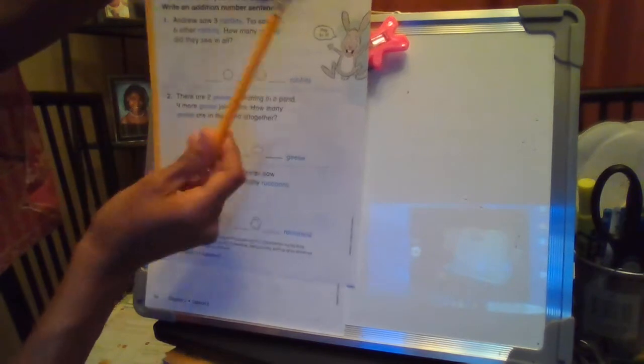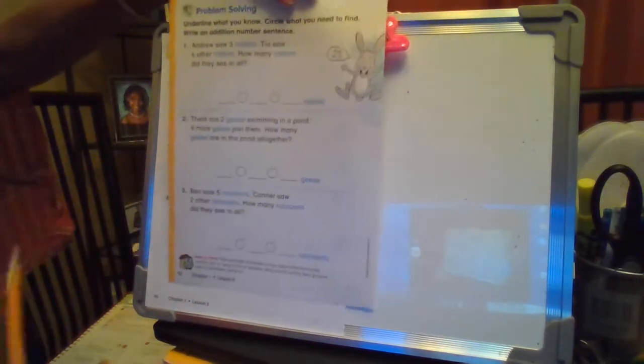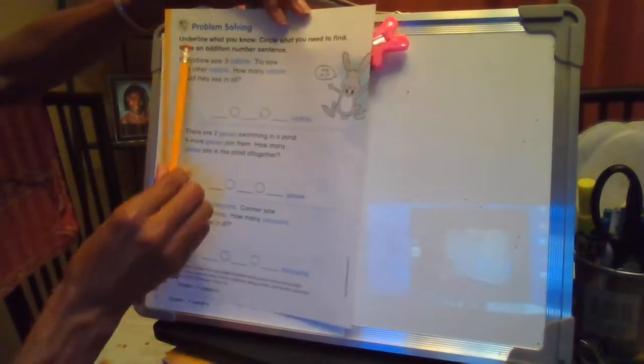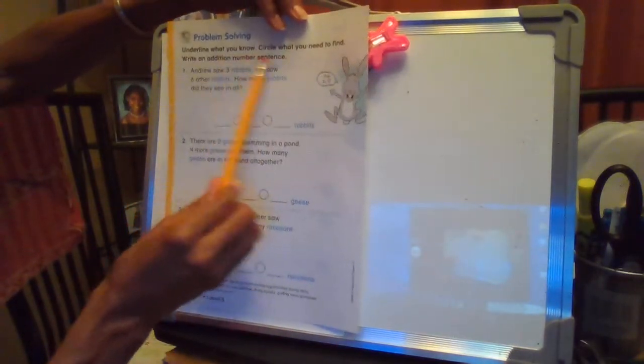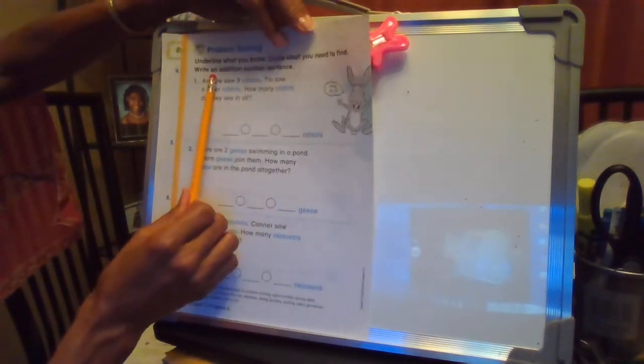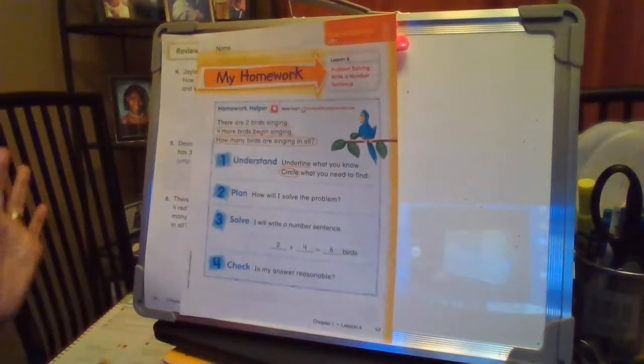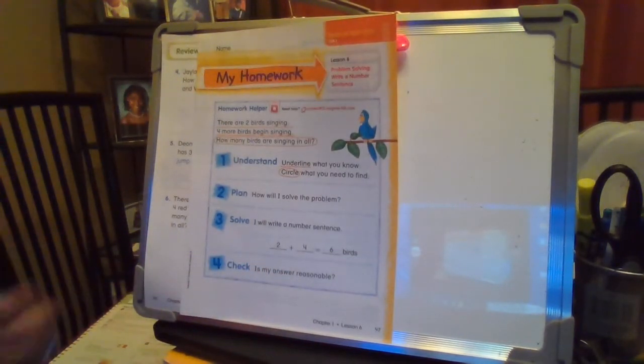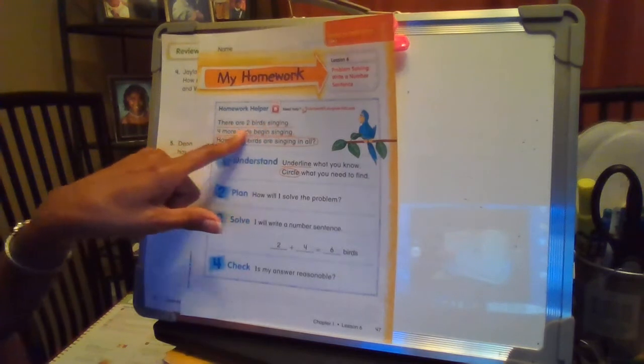Page 48, problem solving. Same thing. Do what we just finished doing. This is letting you know that you understand. You got to read everything. Mommy or Dad will help you read. If you ever forget how to do it, you either go back through this video or read what it says here.